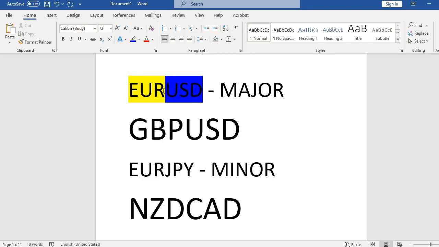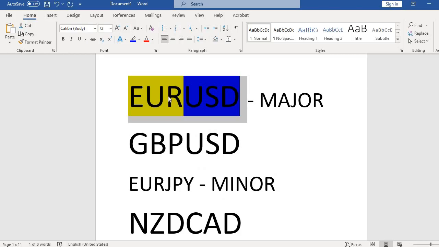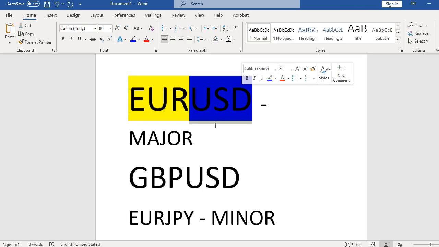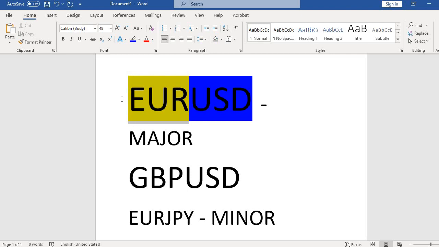For instance, if you are buying Euro USD, you are simply predicting that Euro will gain more power, while USD will become weaker. And if you now want to sell, you just reverse it. Euro will become weaker, USD will gain more power.